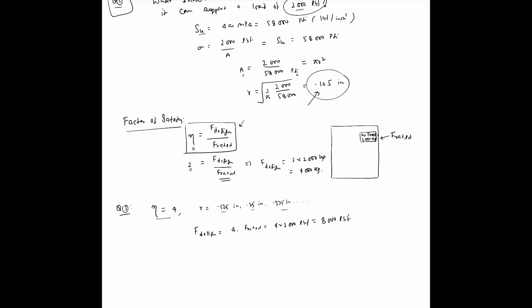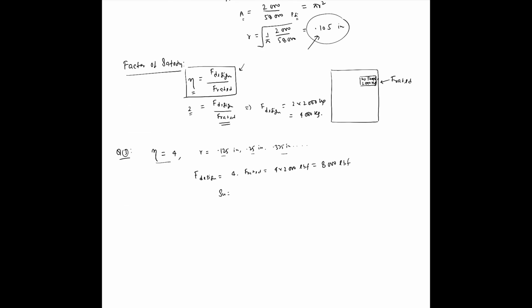Now rest of the stuff will be same. So we already know what our S sub U is. So S sub U is equal to 58,000 psi, and that would be equal to the stress. So the stress now would be F design divided by the area, right? So F design here is now 8,000.